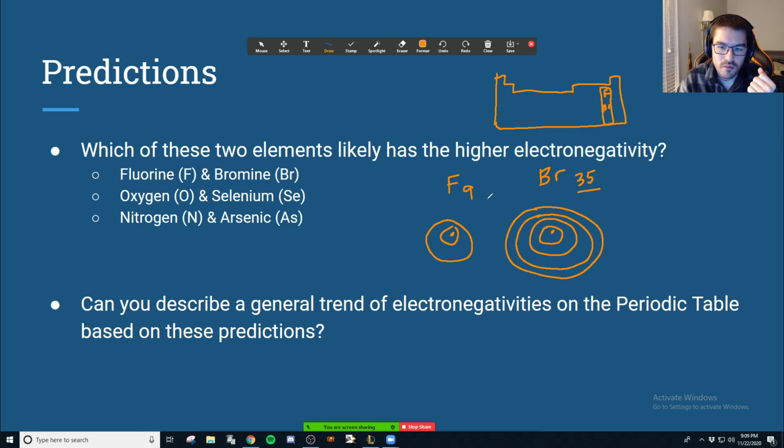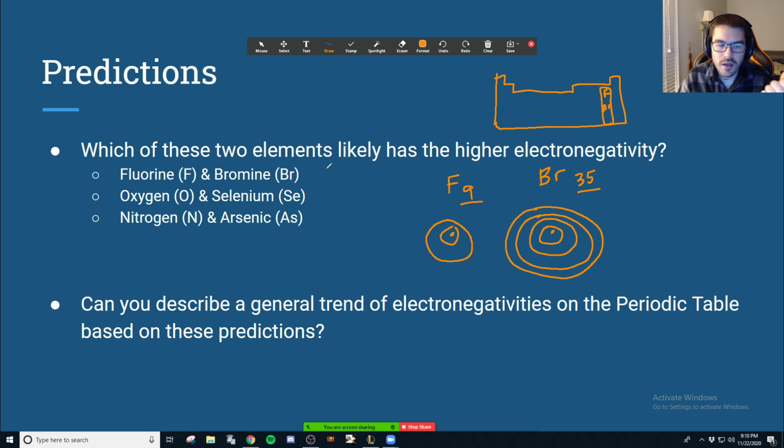Even though it has more protons and a higher nuclear charge, the increased distance from the nucleus, remember Coulomb's law, coupled with the electron shielding effect results in bromine actually having a lower electronegativity than fluorine.